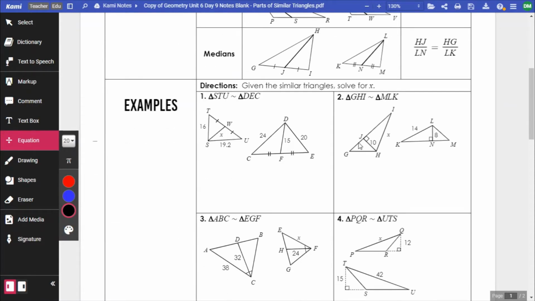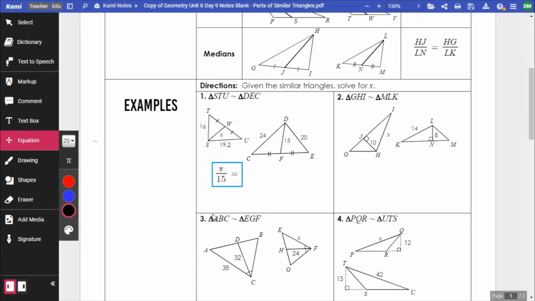Okay, let's just do one example here. We've got given similar triangles and we want to solve for x. So let's see here. We've got these medians in number one, and it looks like SW is what we want to solve for. So SW is x units long, and then the other median in triangle DEC is 15 units long.